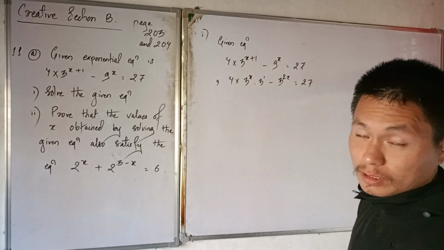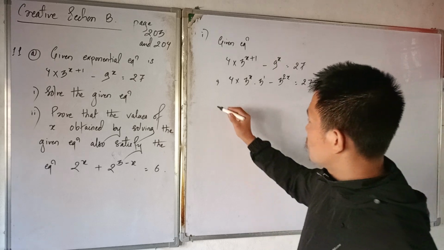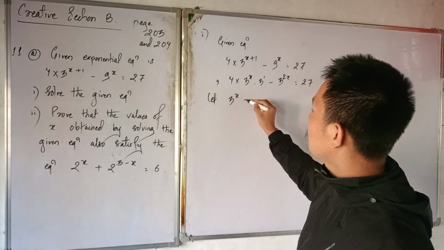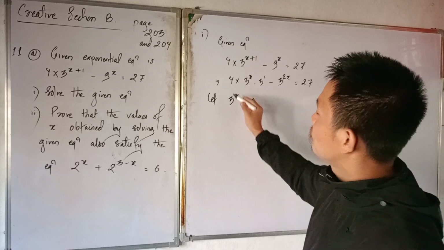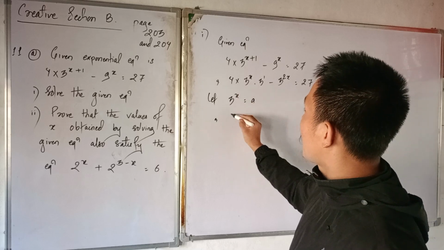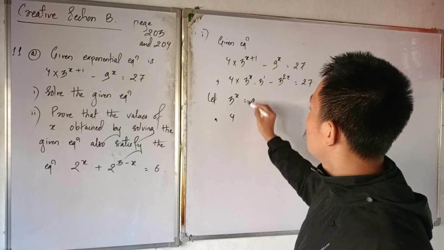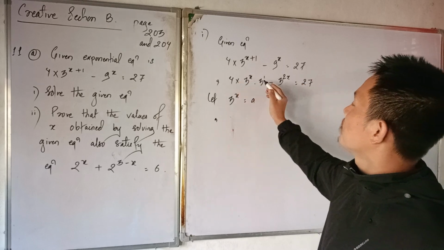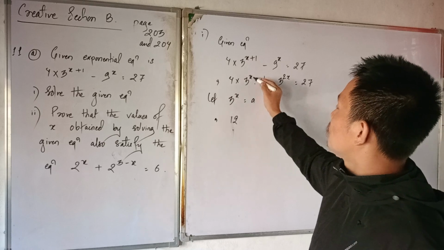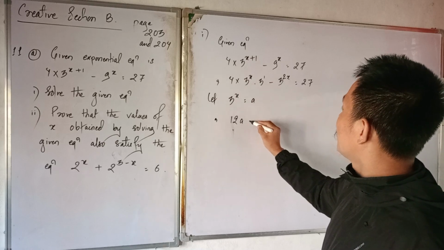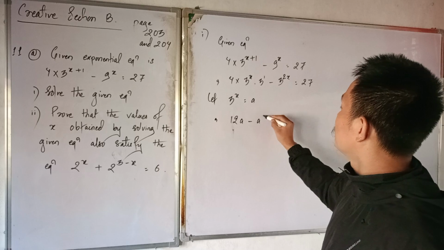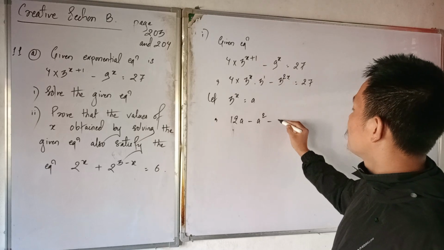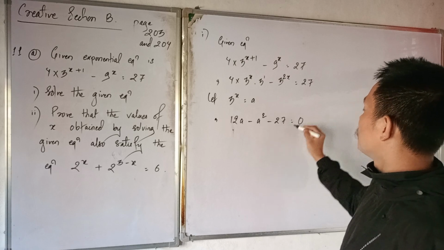Now let 3 power x be a, then replace 3 power x by the variable a. 4 times 3 is 12, 3 power x is replaced by a, and here it becomes a square with a minus sign. Let's move 27 to the left hand side, it becomes minus 27 equals to 0.